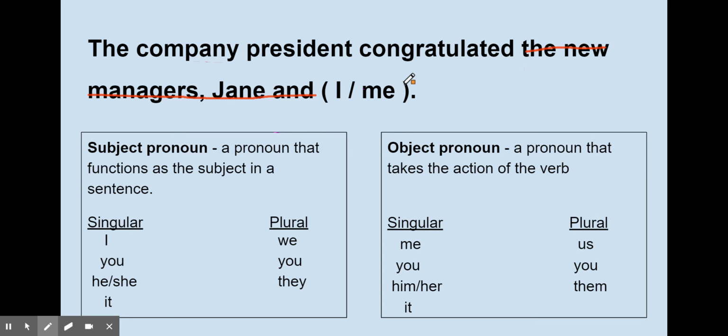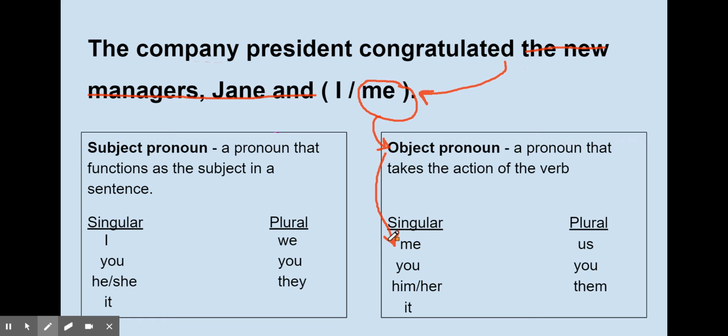So in this case, it sounds better to our ears to actually say me, right? Because we know me is the objective pronoun, right? Me is the pronoun that's receiving the action of the verb. So it's the object, and it sounds better to our ears to use me here.